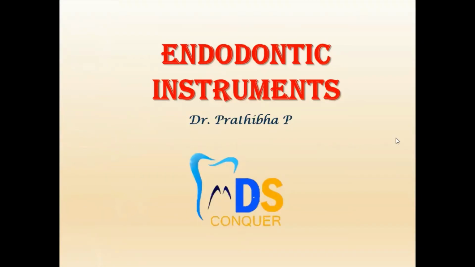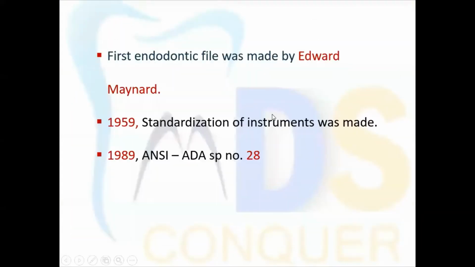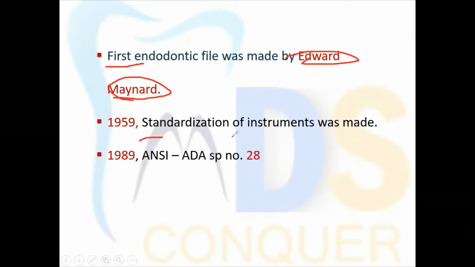So, before getting into the details, a few points to be noted are the first endodontic file. It was made by Edward Maynard, and standardization of instruments was given by Ingle and Levin in the year 1959.